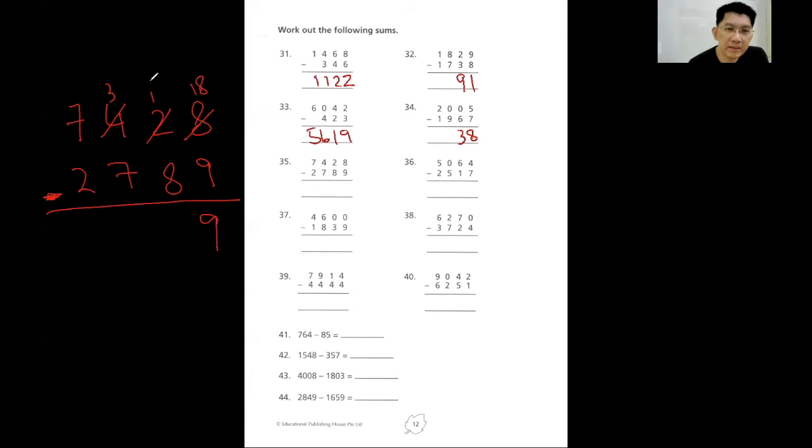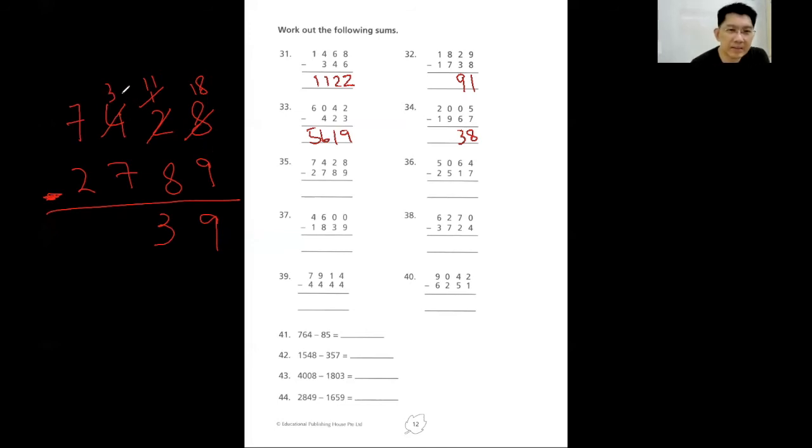That means I get 10 in this group. 10 plus what's already here, 1. 10 plus 1 becomes 11. Now, 11 minus 8 is 3.